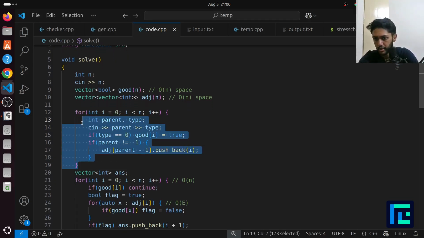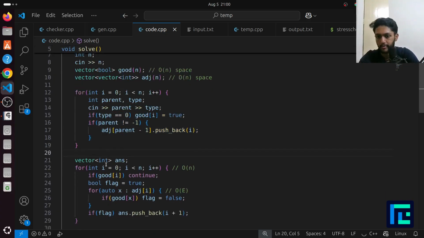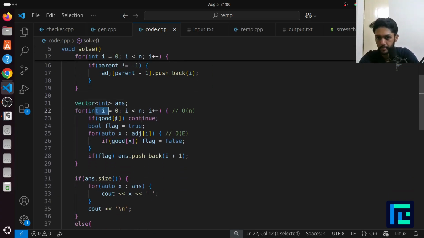So this is the input, and then what we do is we just iterate over all the nodes, for int i equal to 0, i less than n, i plus plus. First of all, if it is good, that means if it is 0 itself, then it cannot be deletable, right? Now I just iterate over all the children: for auto x in adjacent of i.